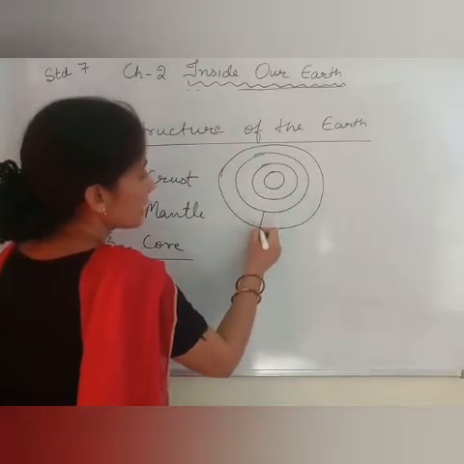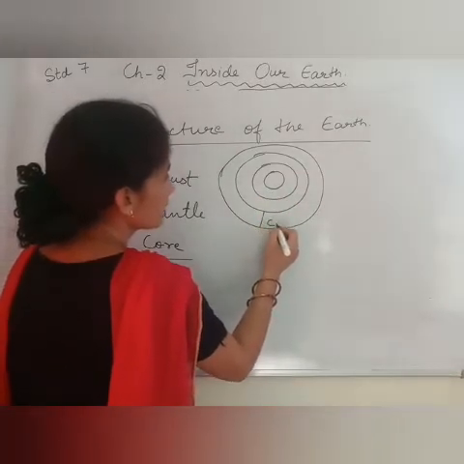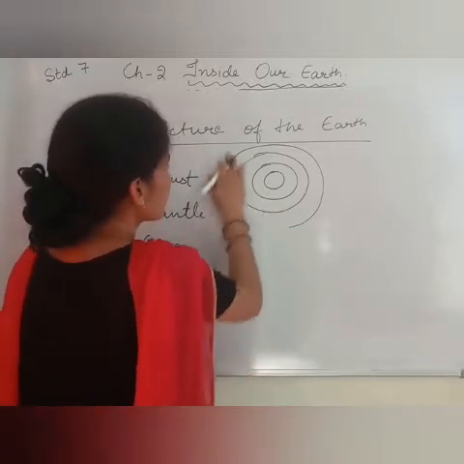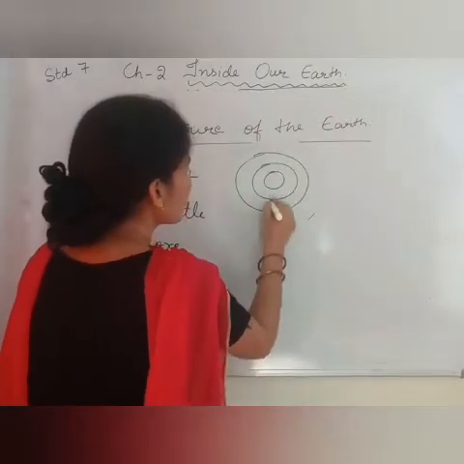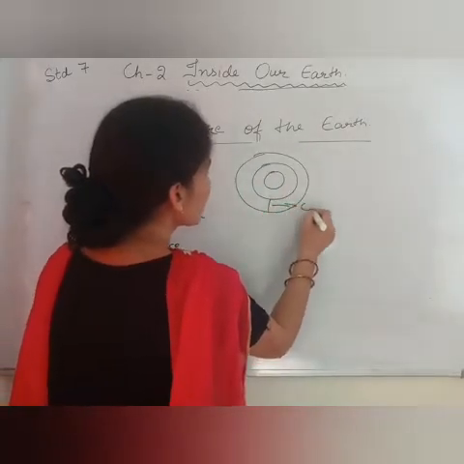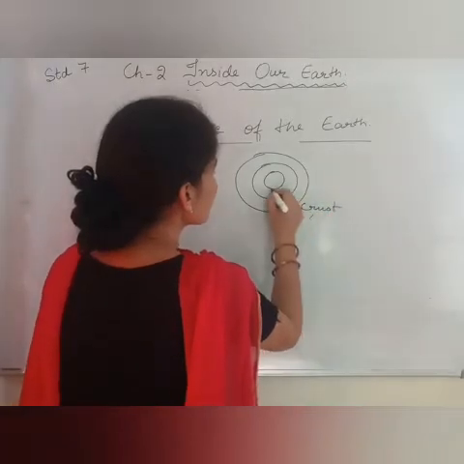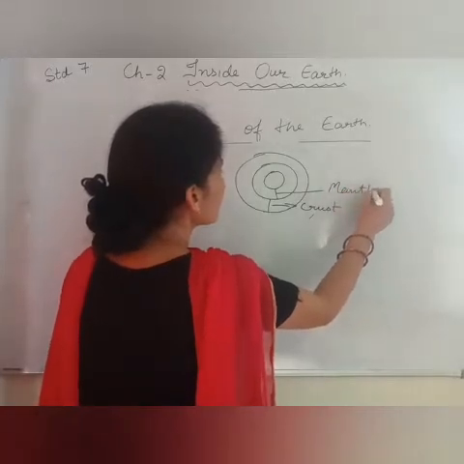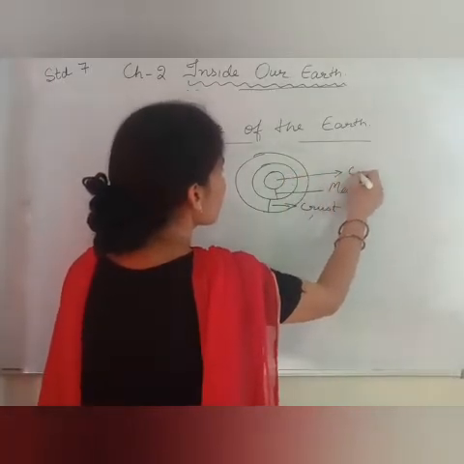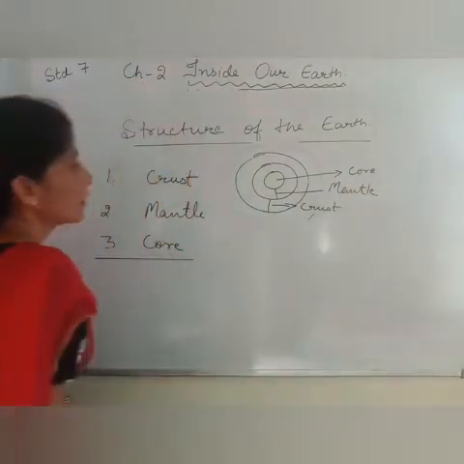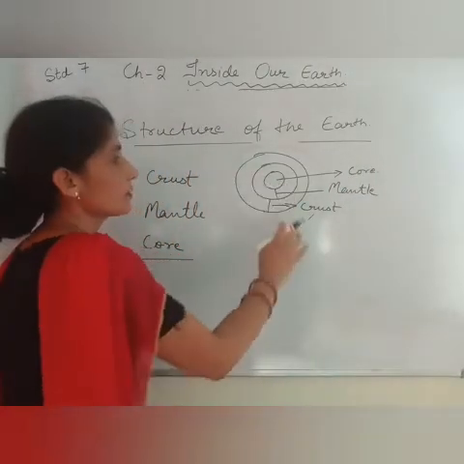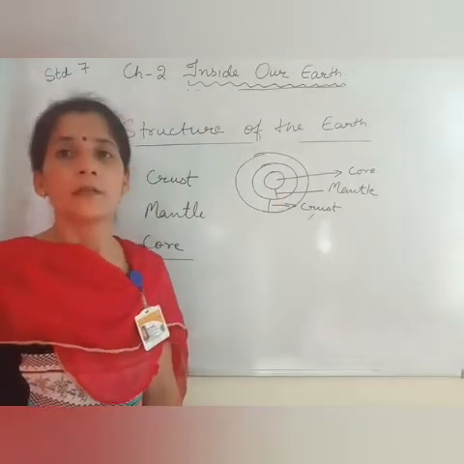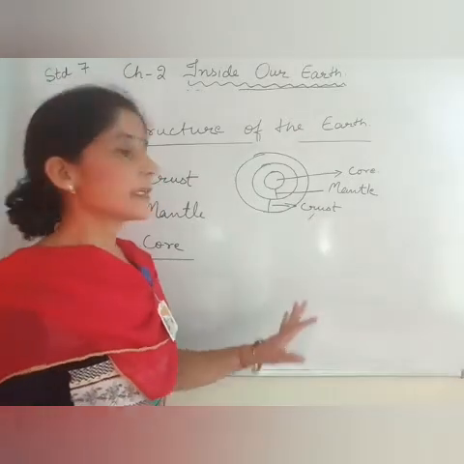From the outer side, this is the crust, this one is the mantle, and this is the core. We have very little information about the core because the temperature, as I told you, is near about 5000 degrees Celsius.